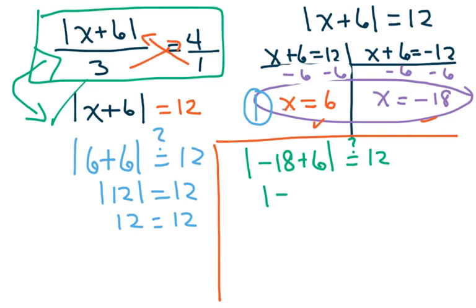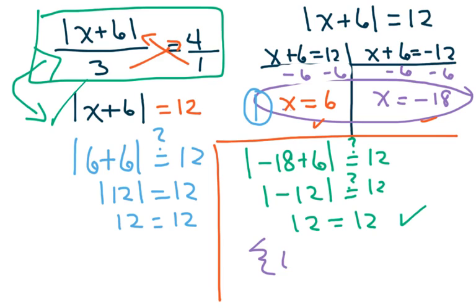Well, we get absolute value of negative 12. Does that equal 12? Yes, because absolute value of negative 12 is 12, and 12 equals 12, and that checks. So our solution set is these 2, 6, negative 18, curly brackets. All right, there's your solution set.